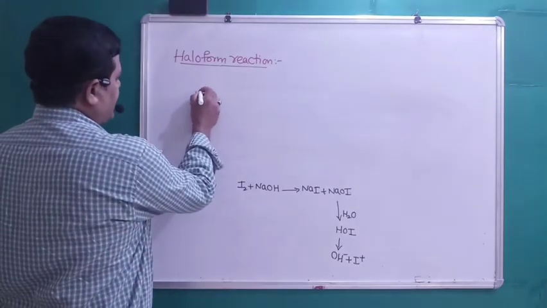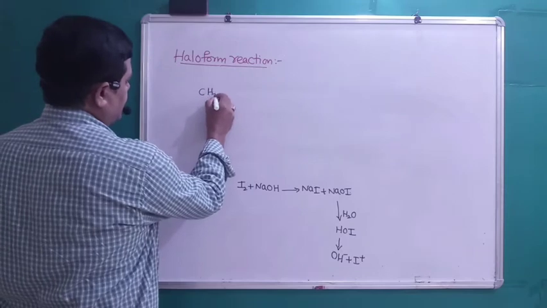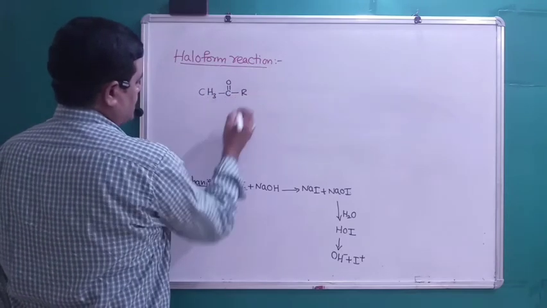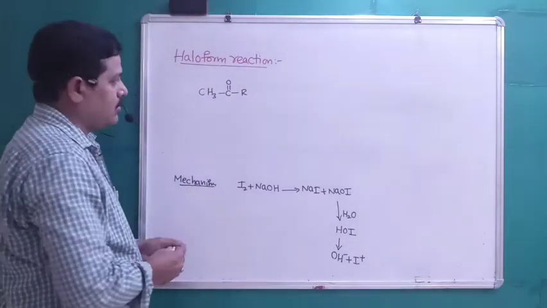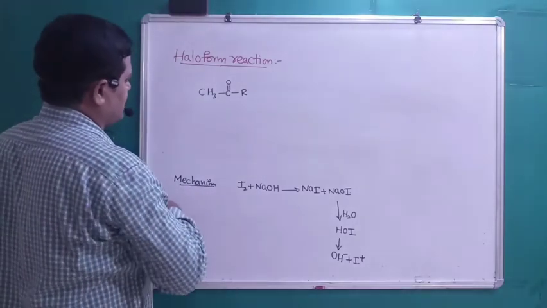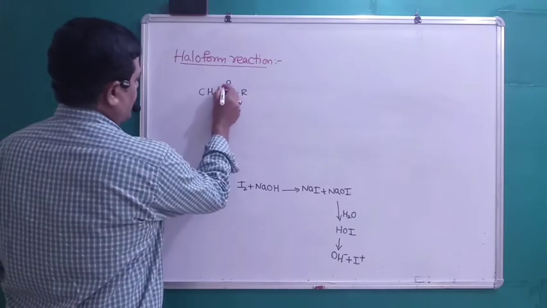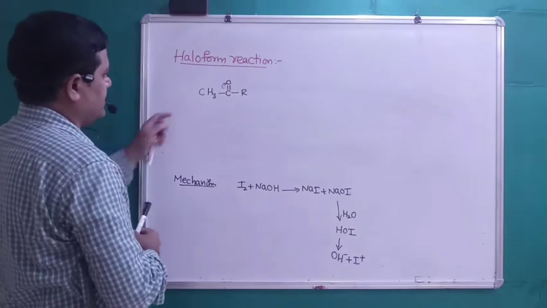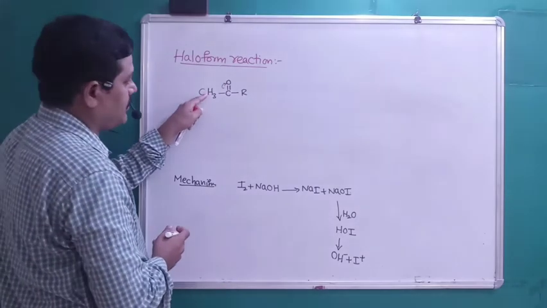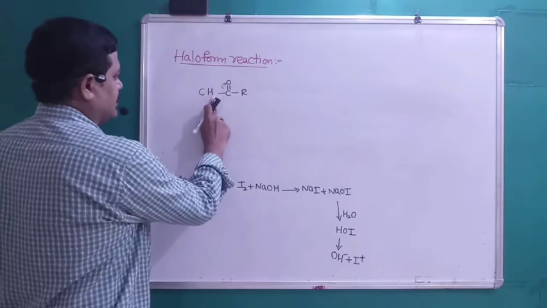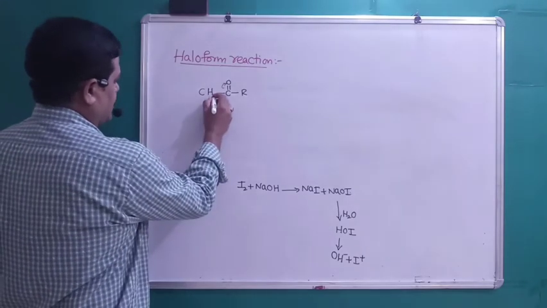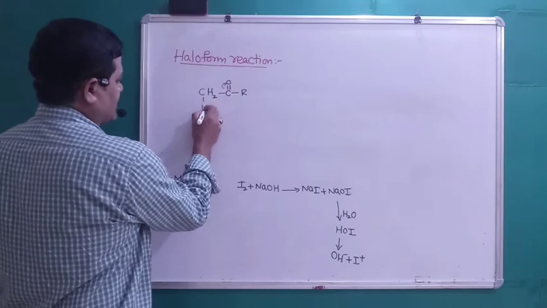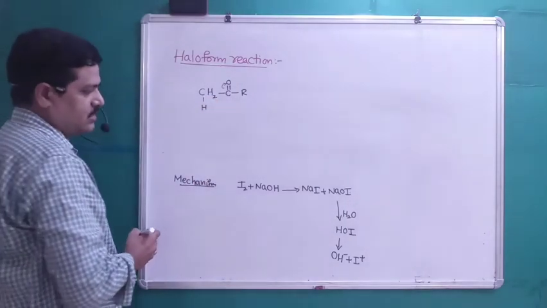Take a methyl ketone, CH3-C=O-R. The C=O group is electron withdrawing, and this makes the alpha hydrogens acidic. I write the CH3 as CH2-H for convenience.